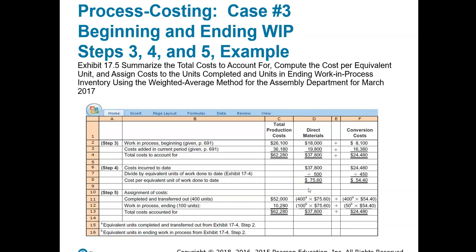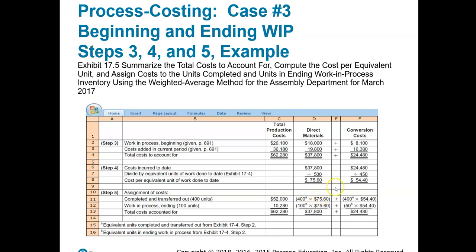Now, just like before in the last video where I had no beginning inventory, I can take my cost per equivalent unit and, looking at direct materials first, multiply that by the number of units completed and transferred out to get the value of direct materials transferred out.